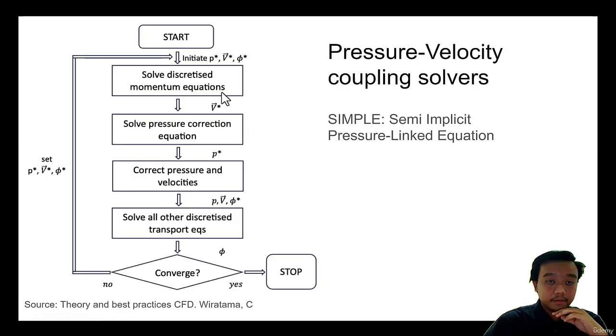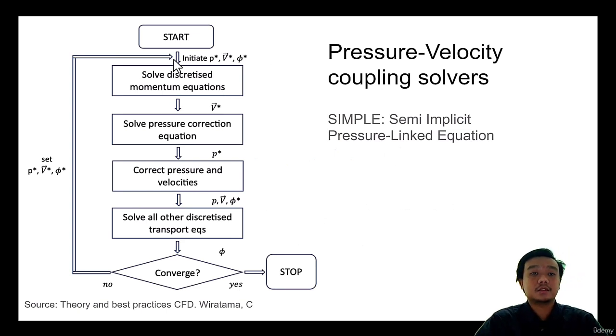Okay, and here we go. It is basically how your numerical scheme works, or how computational fluid dynamics works. The Navier-Stokes equations have a very strong coupling between the velocity and the pressure.